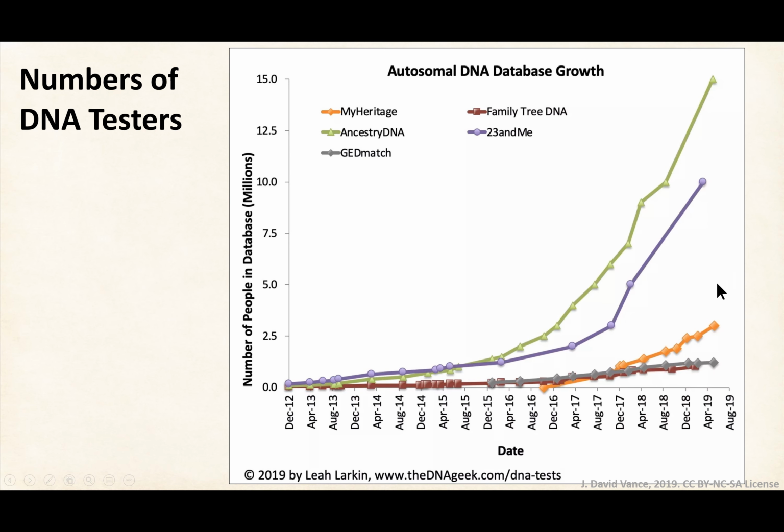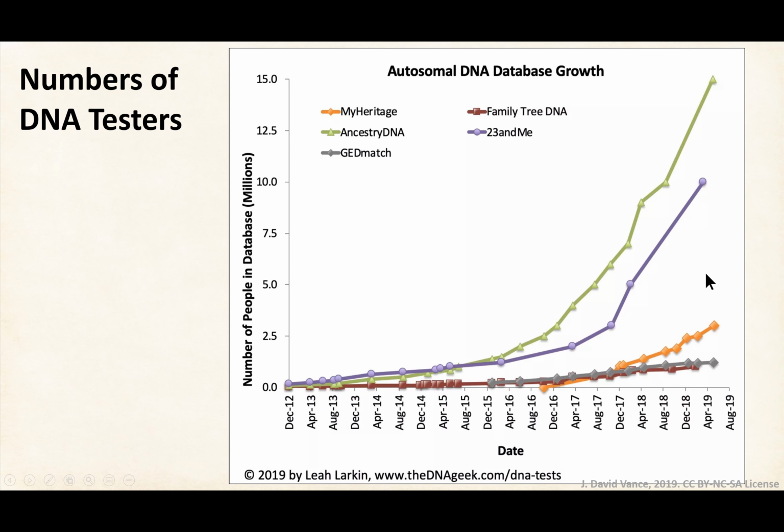But if you do the others as well, you'll have a better chance of matching someone who might have only decided to test in one single database and hasn't realized that the people that they might be matching to are in a different one. So part of this is to show that there's a lot of testers out there. There's a lot of chances to match someone.